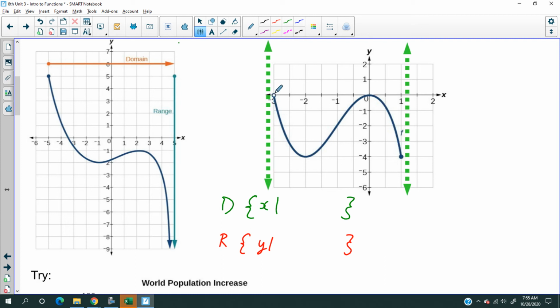Now look at this, you see this open circle here? Now, what point is that? Let me write that down. That's -3, 0, right? And where is this point? Right here. That is 1, -4. So if you focus on the x values, it looks like it's between -3 and 1.